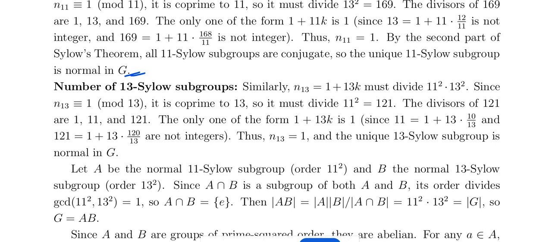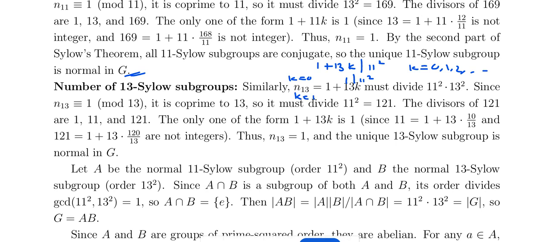Here the number of 13 Sylow subgroups is of the form 1 plus 13k, so that must divide 11 square, for k equal to 0, 1, 2 and so on. When you take k equal to 0, 1 divides 11 square, obviously true.